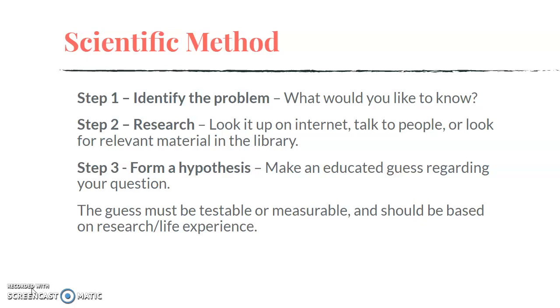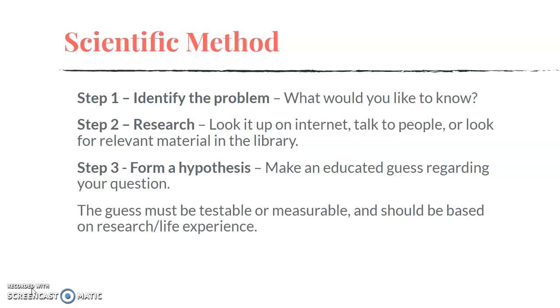For example, my educated guess was that bread needs to be heated using either a toaster, or I could also pan fry it, right? These are my 2 options. So I'm making an educated guess that if I go ahead and buy a toaster and put my bread in the toaster and let it sit for a while, it will give me a toast. Right? That is me forming a hypothesis. Now, this is testable. This is measurable. I can actually do this in real life. And it is based on my research.